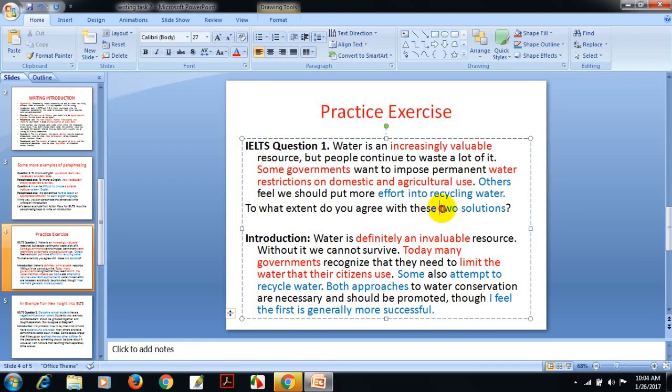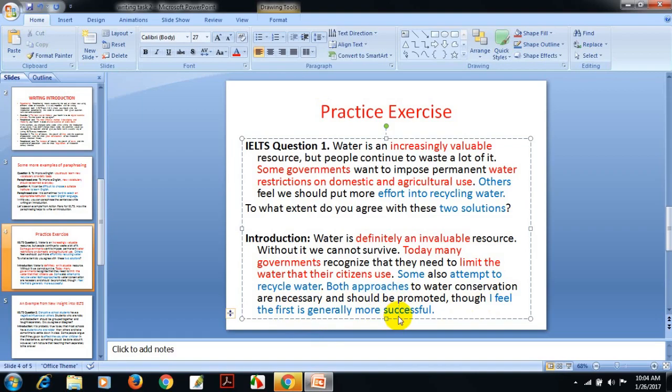In the question also there are two solutions and you also wrote two solutions. That means a kind of copy. That's why instead of two solutions, you can change to both approaches, methods, ways, techniques. Both conservation methods are necessary and should be promoted, though I feel the first is generally more successful.